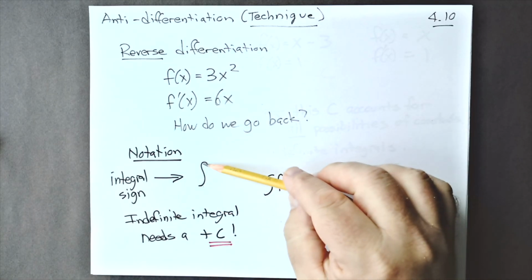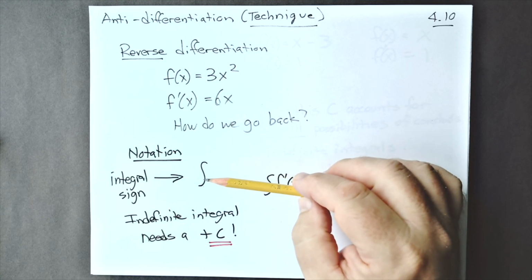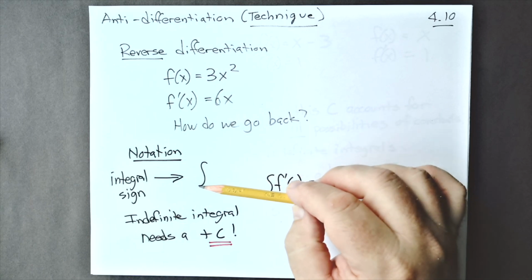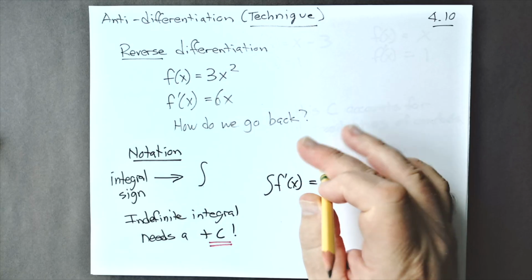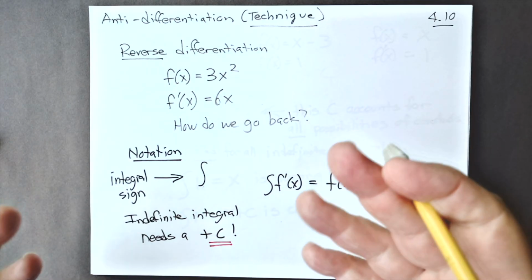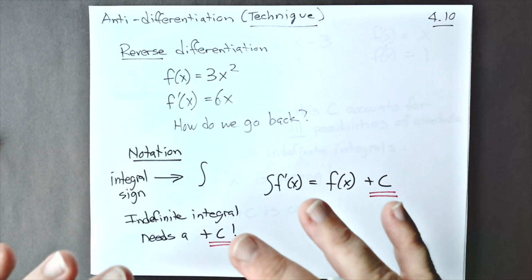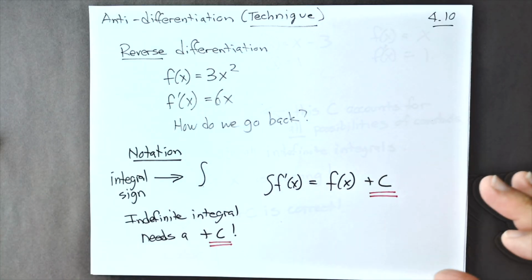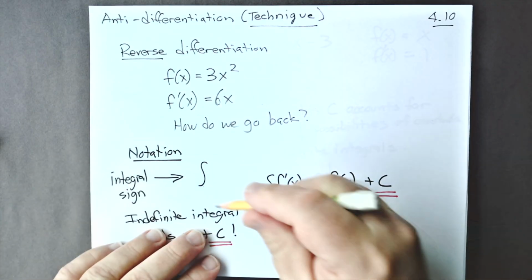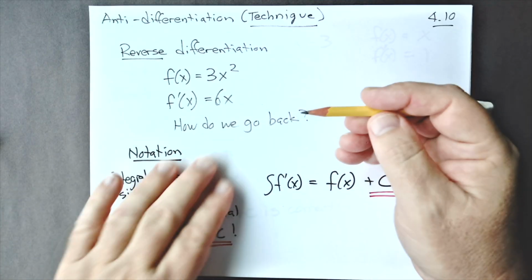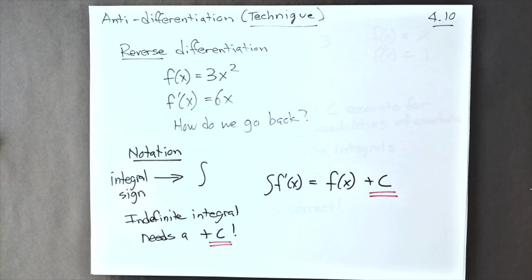When you do not see anything here, we call this an indefinite integral, meaning the answer that you get is just kind of a general answer, a big picture answer. If you see things right here or right up here, that's called a definite integral, and the answer is going to be a specific answer.